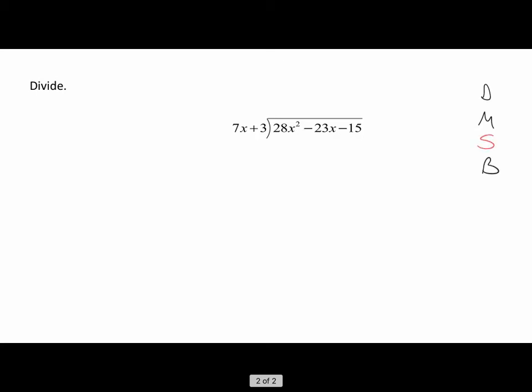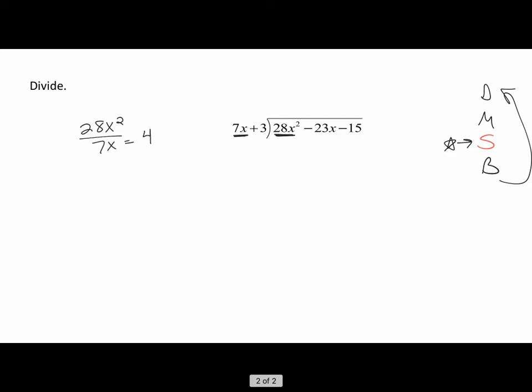So I definitely recommend the subtract step be in a different color, because that will help us with the signs there. That's the biggest error, is in the subtract step, so be careful. Use a different color if you can. Okay, so let's start with the divide. How many times does 7x go into 28x squared?